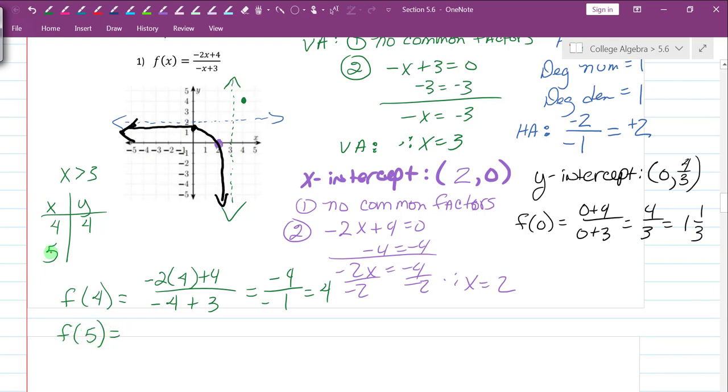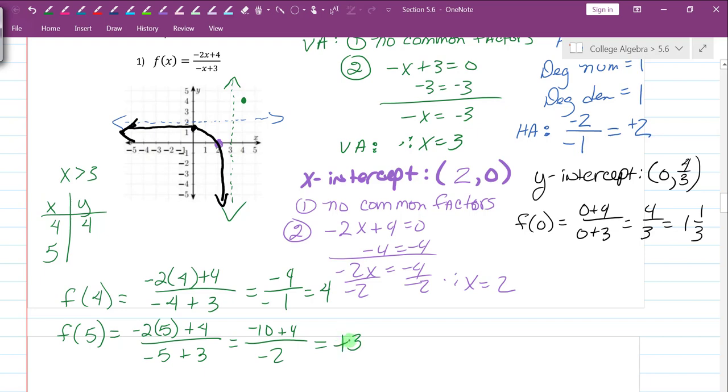And so I get -2 times 5 plus 4 divided by -5 plus 3. So that's going to give me -10 plus 4 divided by -2. -10 plus 4 is -6. -6 divided by -2 is a +3.